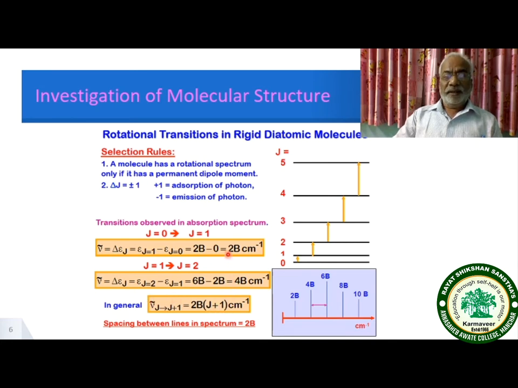If we consider the representation, this transition will appear at a distance of 2B. Suppose this is 0B, this is 2B. The next transition gives 4B. This is 4B, 6B, 8B, 10B. Initially we assumed that all the molecules are present in the ground rotational state, the first rotational state gets equally populated, and hence the transition results in equal population.